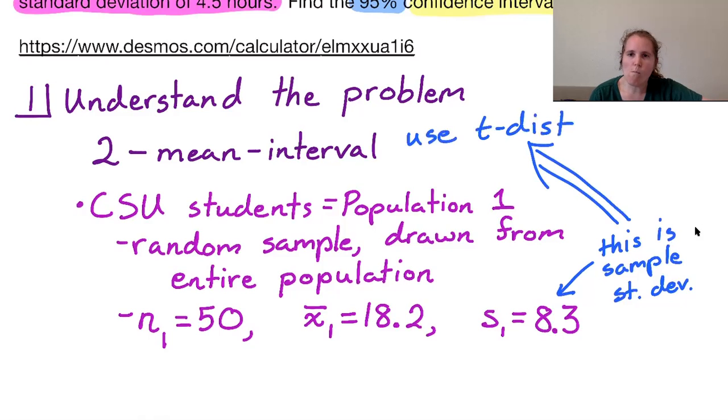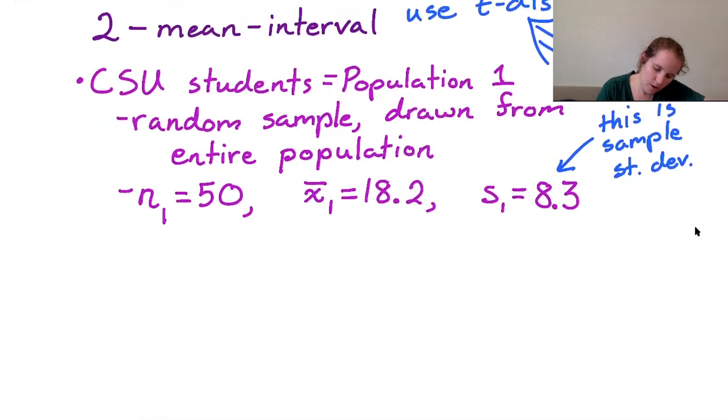All right, so that was population 1. Population 2 would be UC students.